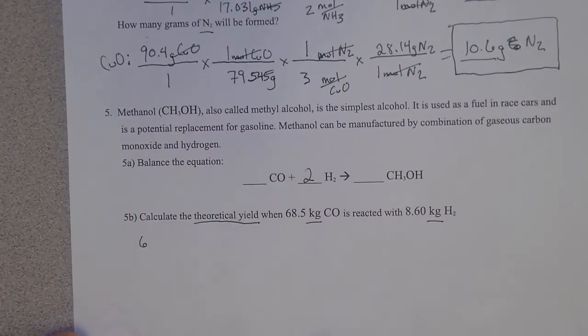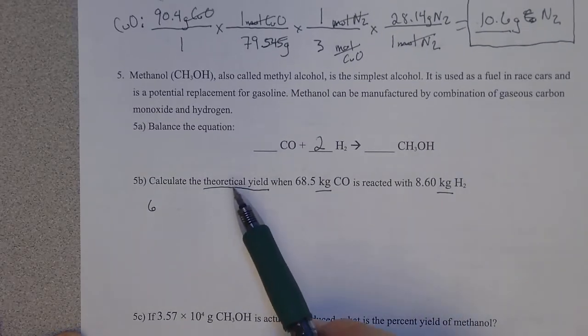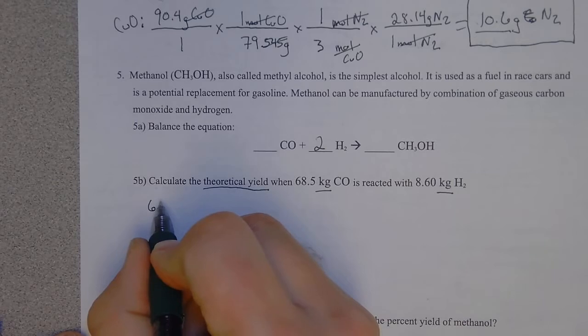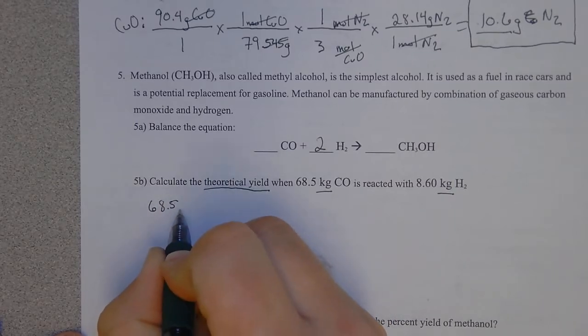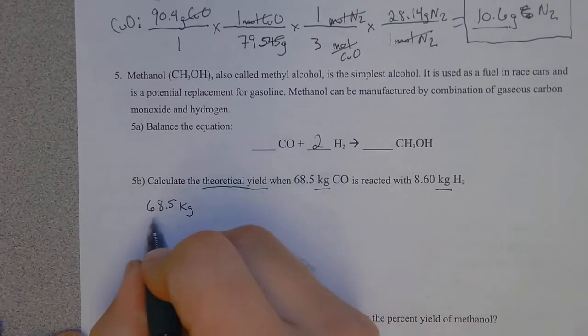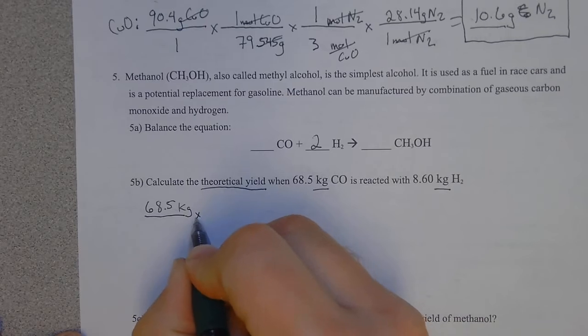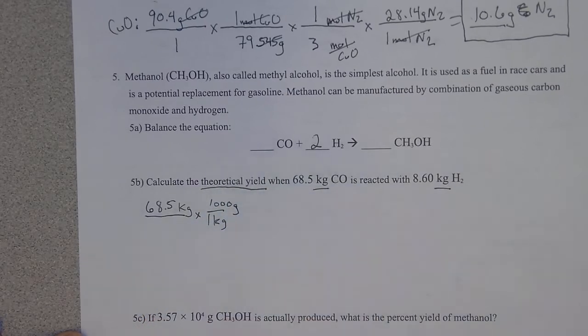So I'm going to be doing the same process down here, except now we're going to call it theoretical yield. So that means 68.5. To turn that into grams, this is kilograms, I just say, well, 1 kilogram is equal to 1,000 grams.